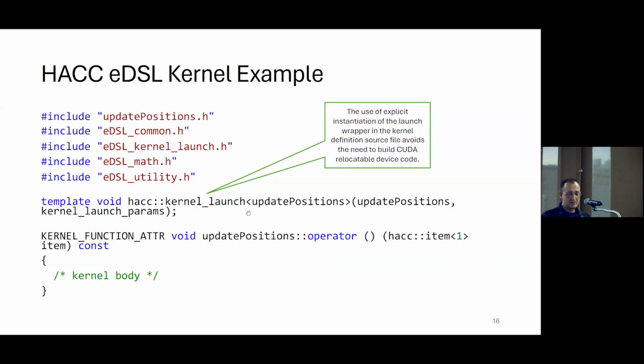One thing to note is that we use explicit template instantiation here to have this kernel launch embedded into the compilation unit of this source file. This was important because it allowed us to avoid building CUDA's relocatable device code, and in some of our experiments we saw a non-negligible overhead in doing that, so avoiding relocatable device code helped.